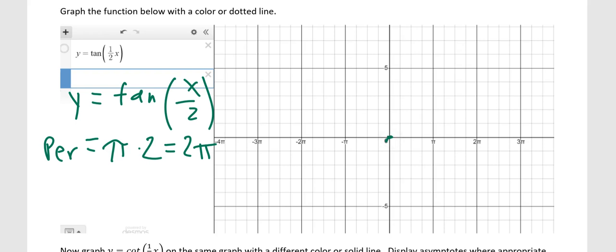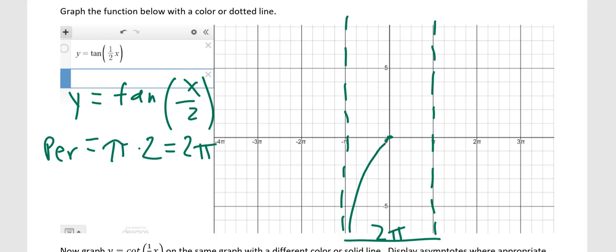We know that 0, 0 sits on a tangent wave, and the distance on either side of that has to be a total of 2 pi. So if it's got to be a total of 2 pi, where should I be putting those vertical asymptotes, at least for the first one? We want to go to 1 pi and negative 1 pi, because the distance between them would be 2 pi. Okay? So this is our tangent, right?